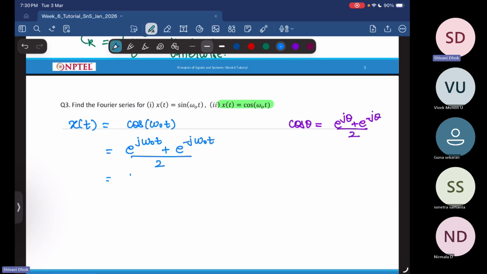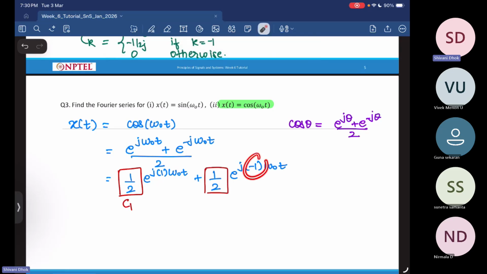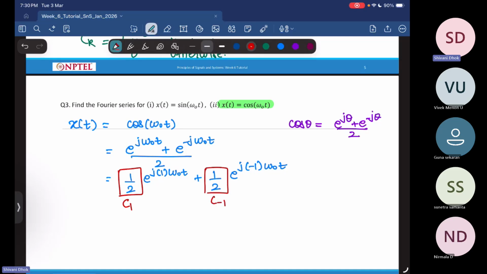So again, this is equal to 1 by 2 into e power j 1 omega naught t plus 1 by 2 into e power j minus 1 omega naught t. Here this one is C1, and the quantity with e power j into minus 1 omega naught t becomes C of minus 1.